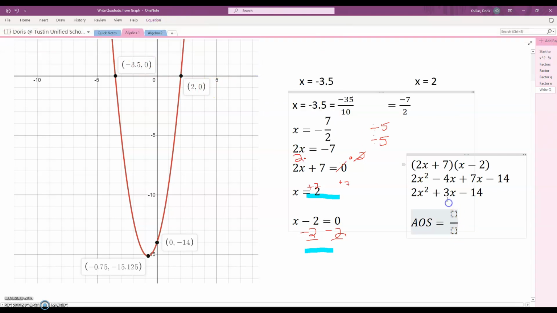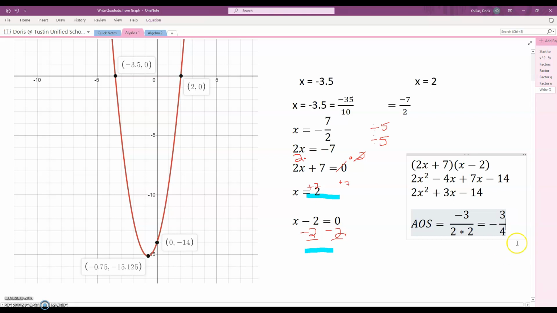So let's see, negative b is actually going to be negative 3 in this case, over 2 times a, so that's going to be 2 times 2. And that's going to equal negative 3 over 4, right? Negative 3 over 4.